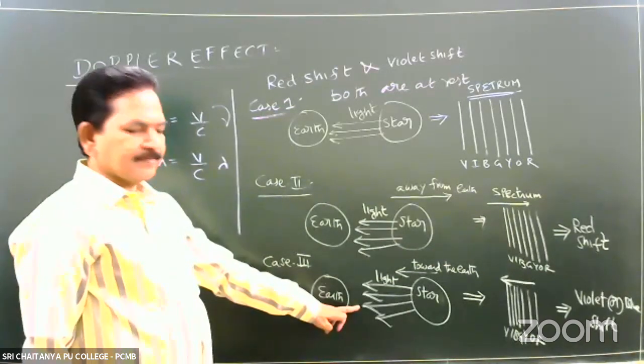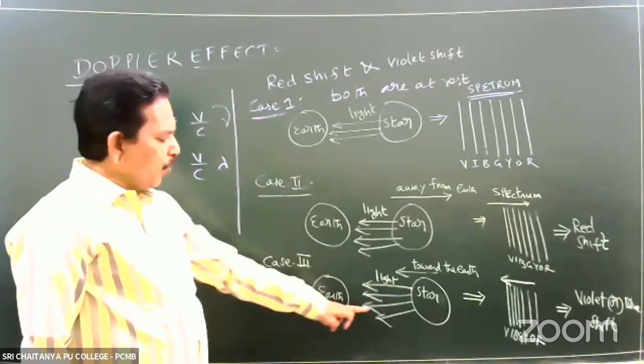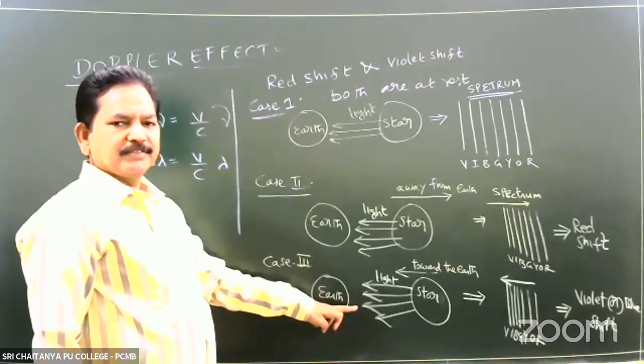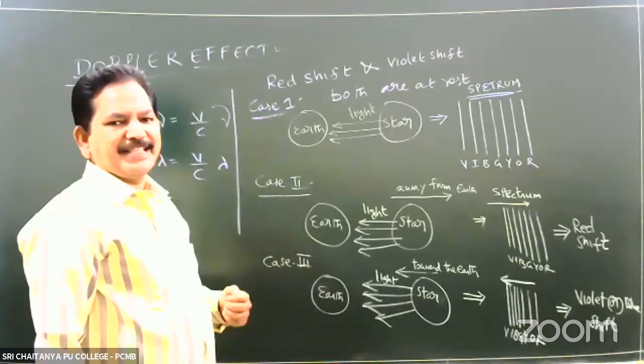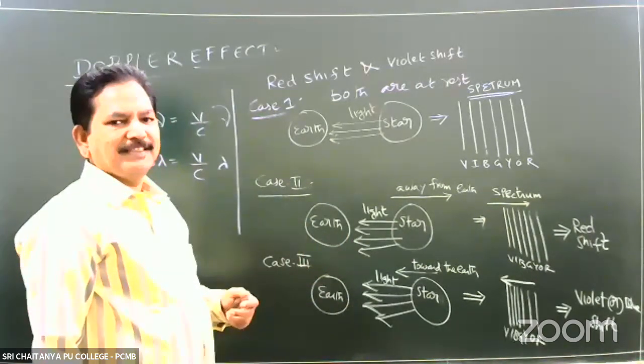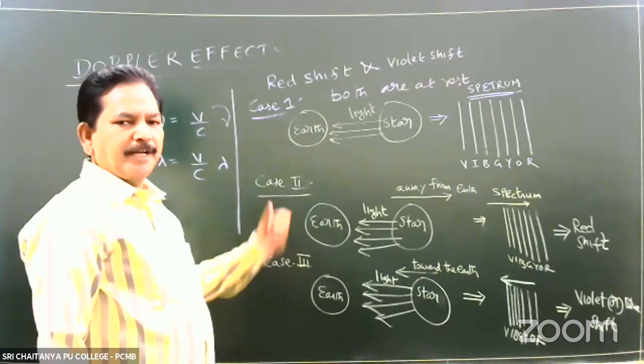In this case, the source, that is the star, is moving towards the Earth, towards the stationary observer. Wavelength decreases, apparent wavelength is less than actual wavelength, already proved.